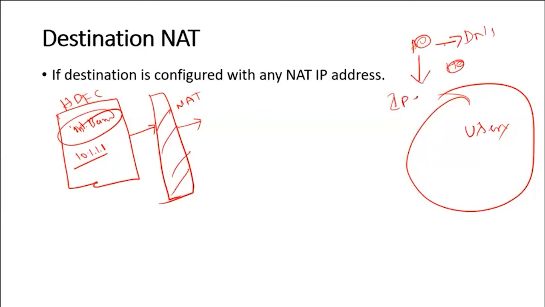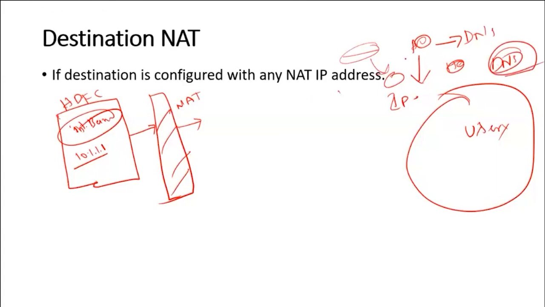Whatever we type in google.com or any browser is a name, but internally the name resolves to an IP address. That is DNS, domain name system. We discussed it in the earlier classes.